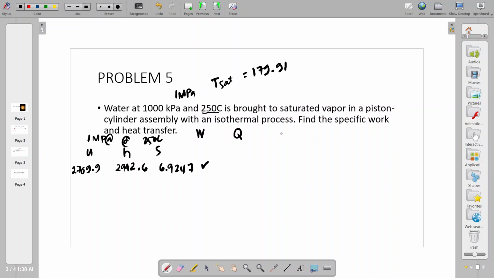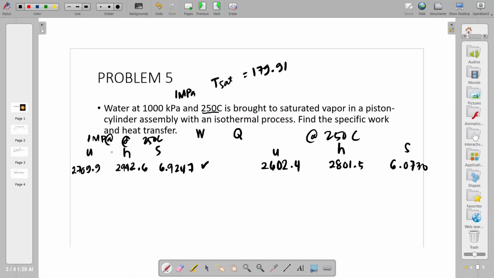So, pag hinanap natin si 250C, okay, ang makukuha nating values ng U ay 2602.4. Ang H naman ay 2801.5. Tsaka yung S naman natin ay 6.0730.